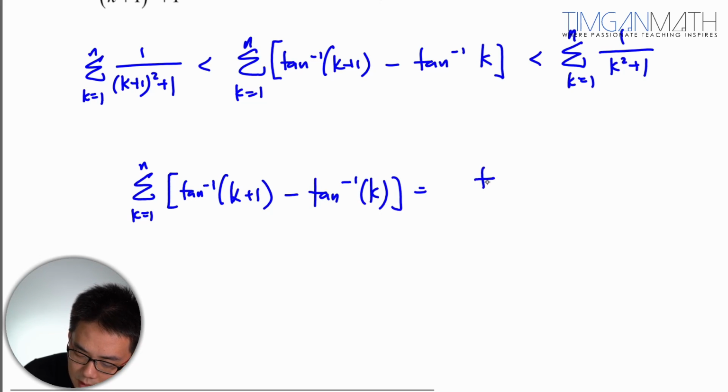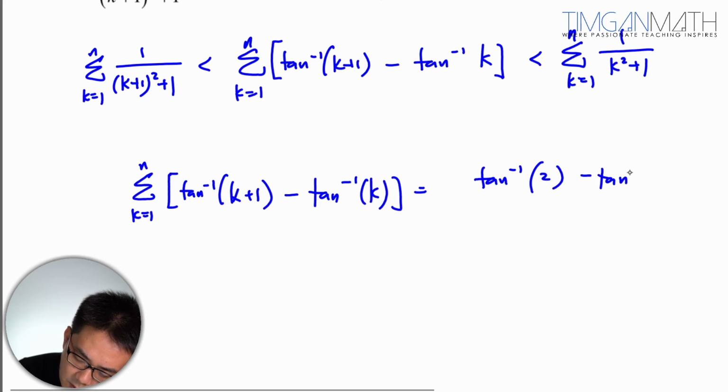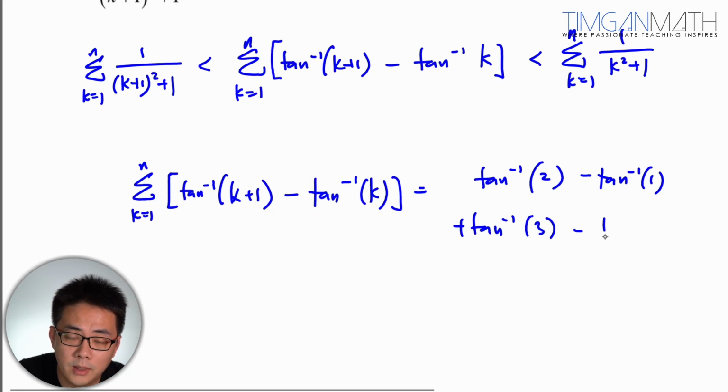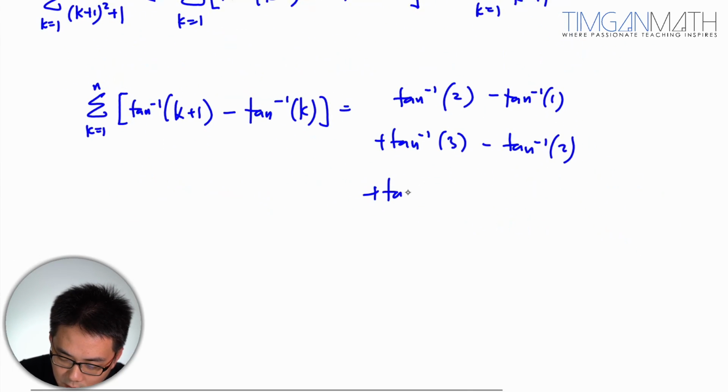So this will be tangent inverse 2 minus tangent inverse 1 plus tangent inverse 3 minus tangent inverse 2, plus tangent inverse 4 minus tangent inverse 3.